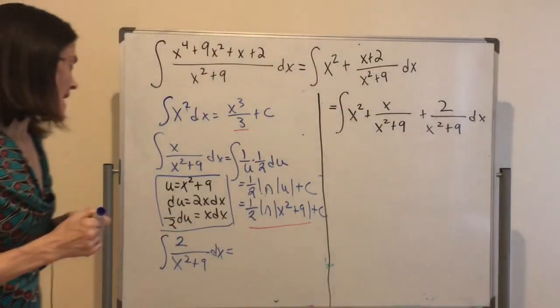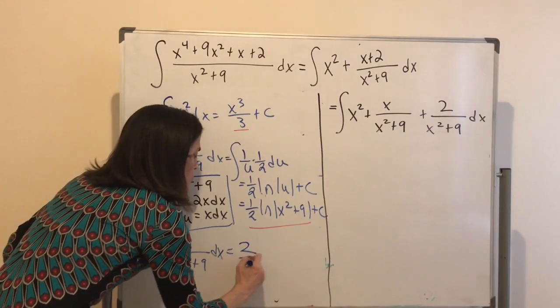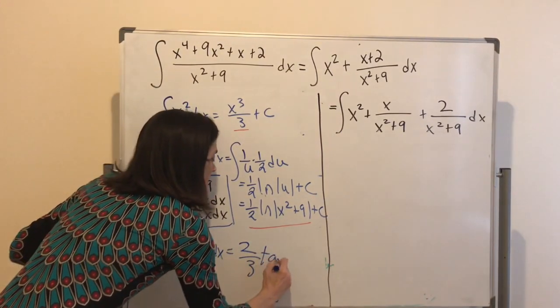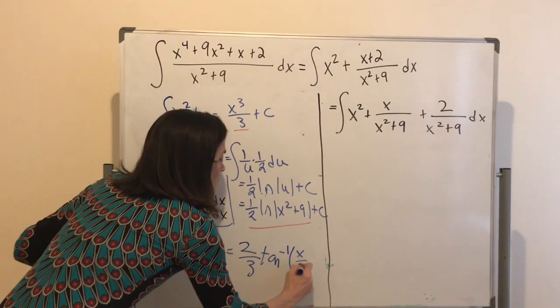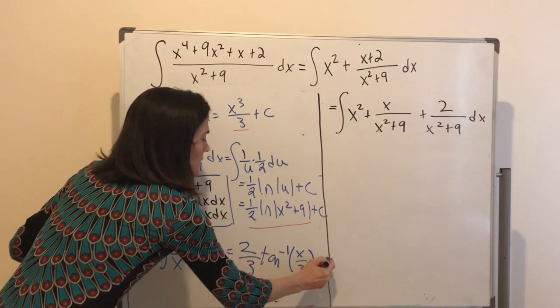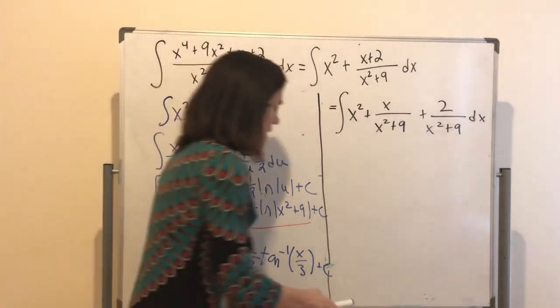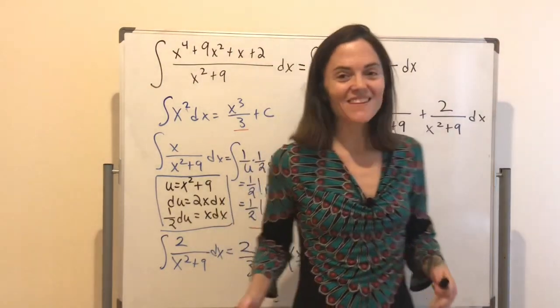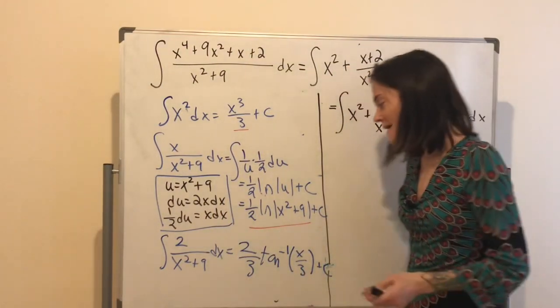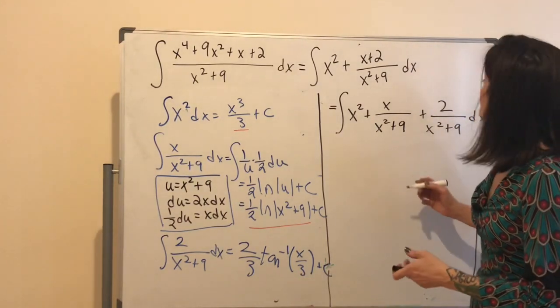In this case, a is 3. Of course, then we have a 2 in front, so this will be 2 over 3 tan inverse x over 3 plus c, like this. This would be an antiderivative for this. If you wanted to, you can go through the steps again that we did. We did it for x squared plus 4, but we would get this exact antiderivative.